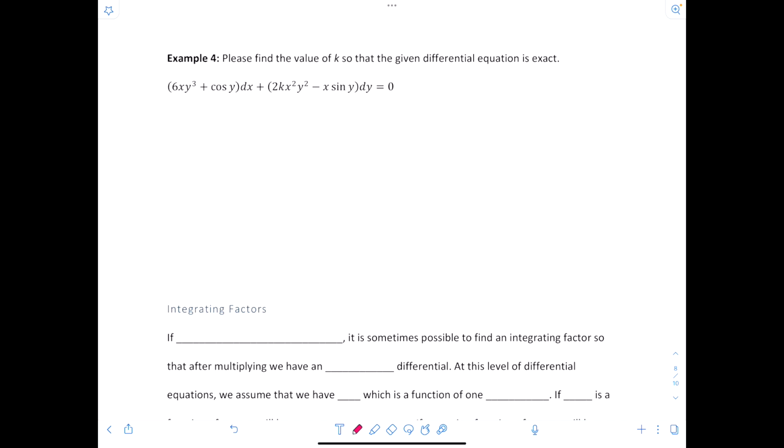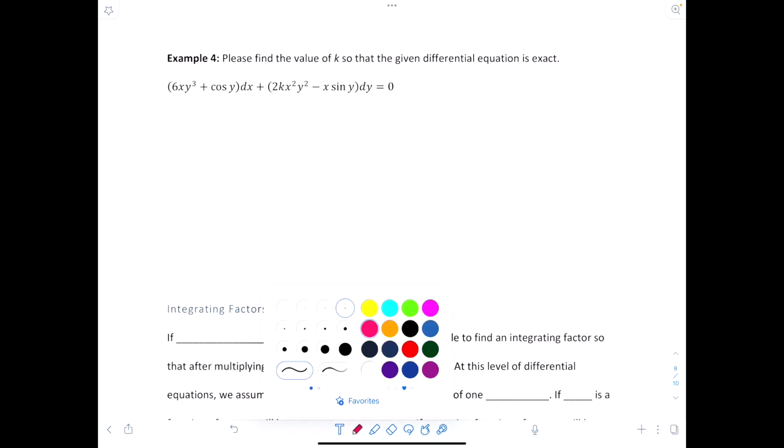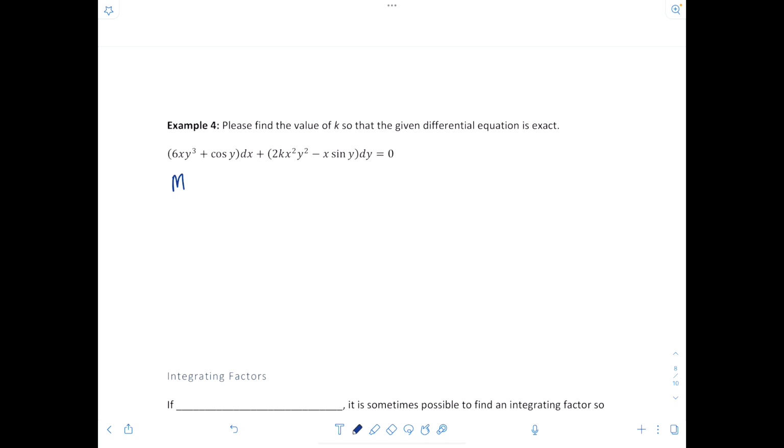Okay, so checking this out, you see that m is equal to 6xy cubed plus cosine at y. So the first partial of m with respect to y will be 18xy squared and then minus sine at y.